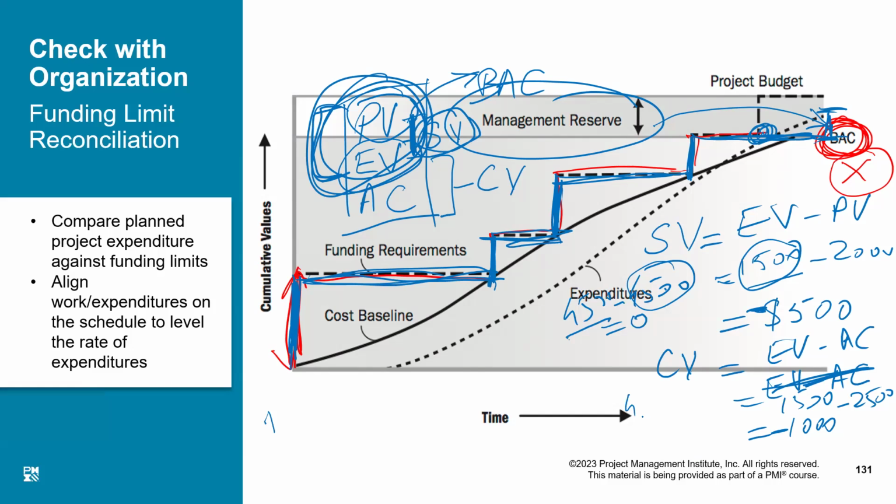If my actual cost also becomes $4,500, I mean both amounts are equal, then my answer will be 0. That means I have not only controlled my schedule, but I have also controlled my cost.